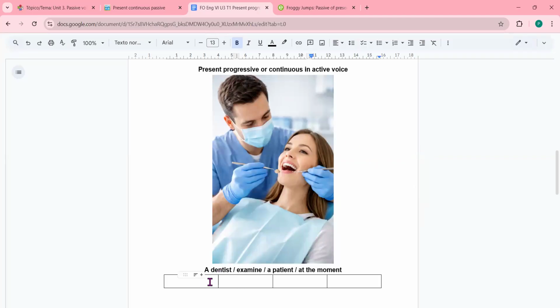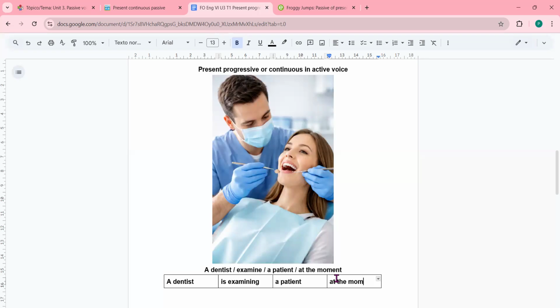A dentist is examining, it is in progress, a patient at the moment.